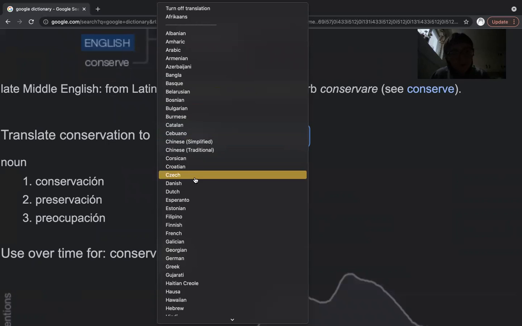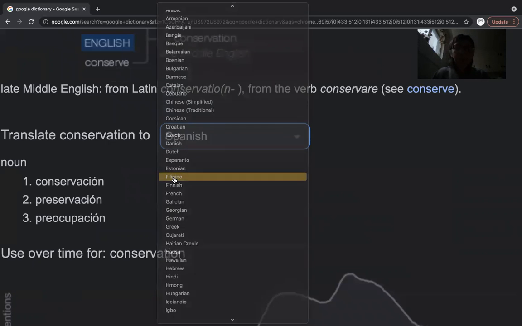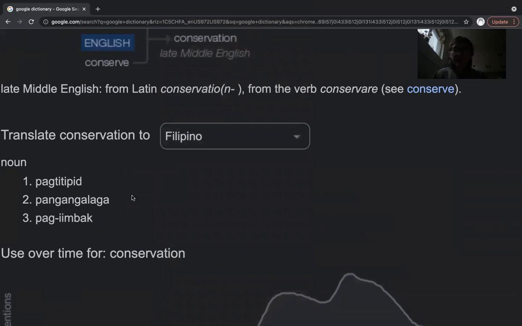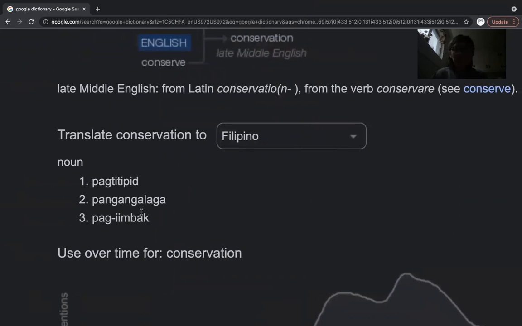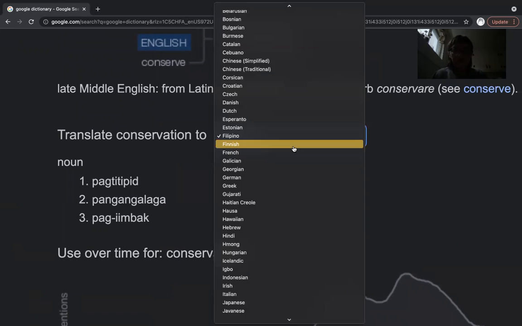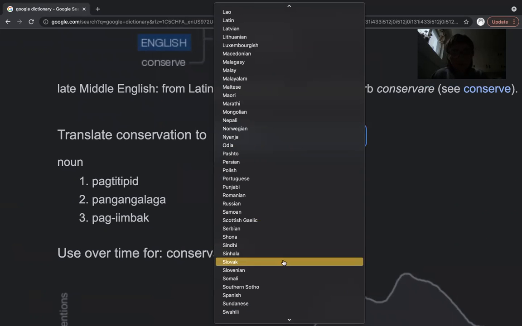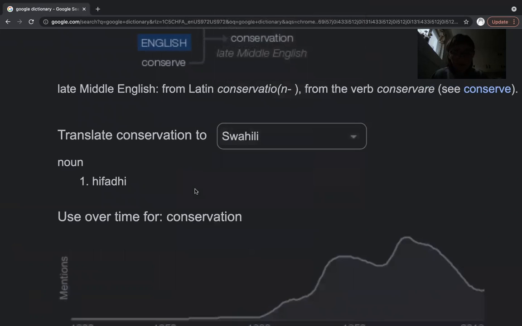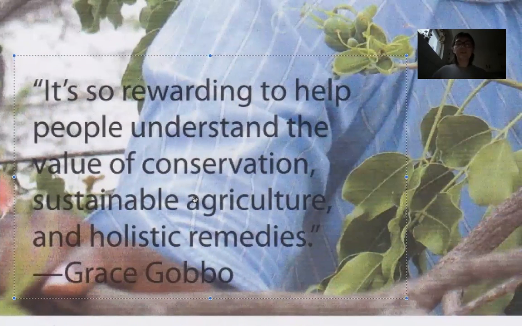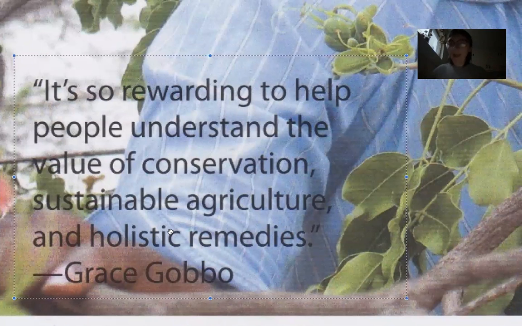Maybe they don't have it. Oh, there we go. They have it as Filipino, but Tagalog is the language, right? So these are in Tagalog, and then Swahili. Let's see. That's conservation, right? Okay, so we have conservation, sustainable agriculture.